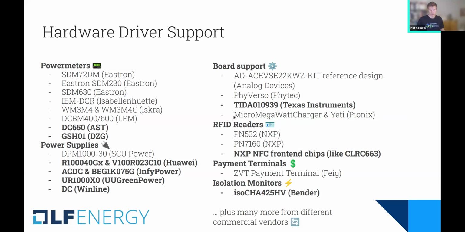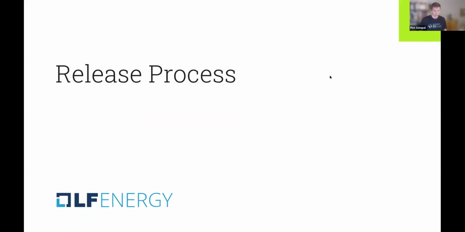For the board support packages, there was a contribution for the Texas Instruments EVSE controller that is integrated in EVerest. We have a new RFID reader module and have integrated the isolation monitor from Bender. And I will head over again to Kai, who will present the release process.